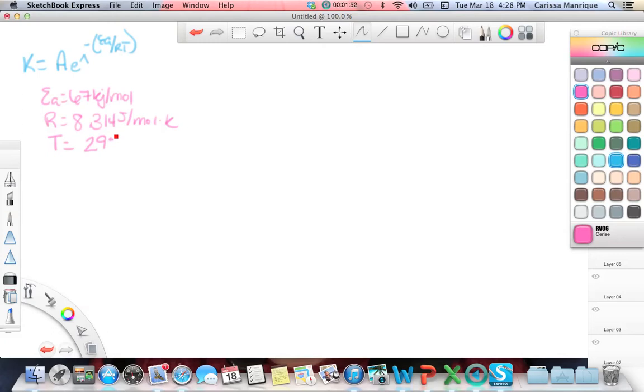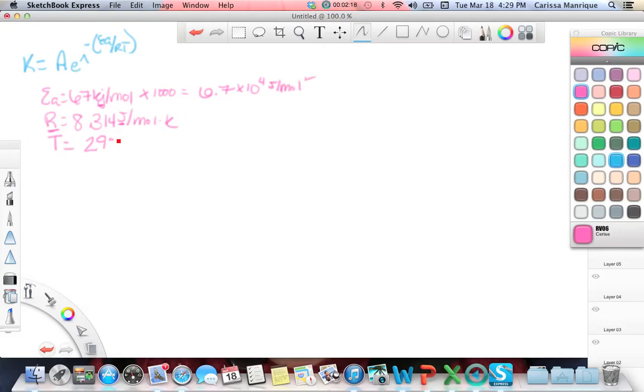First of all, all the units have to be like R. Do you see that R is in joules and this is in kilojoules? So I need to convert this to joules. When you convert this to joules, you multiply by 1,000, so it's going to be 6.7 times 10 to the 4th, and now that'll be in joules per mole, so that's good.